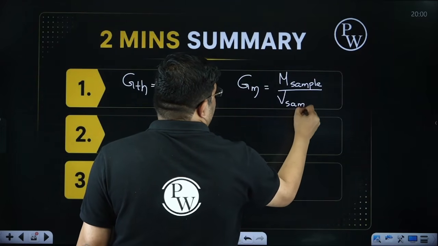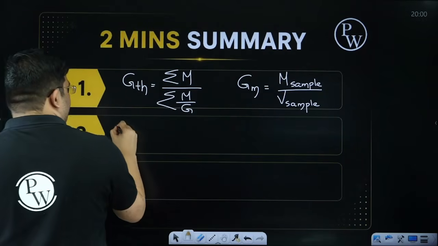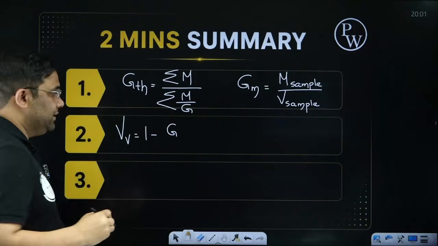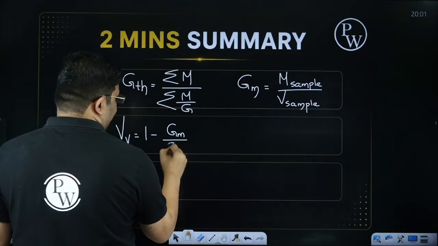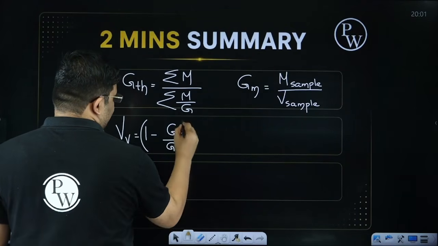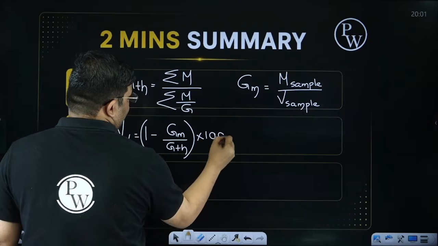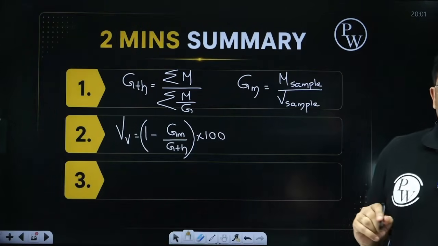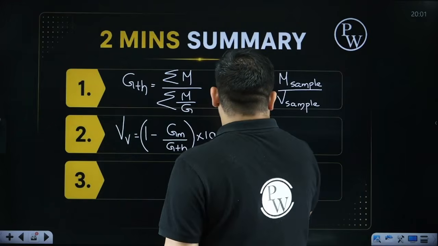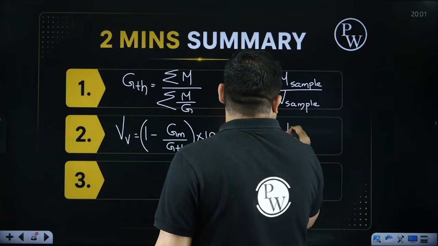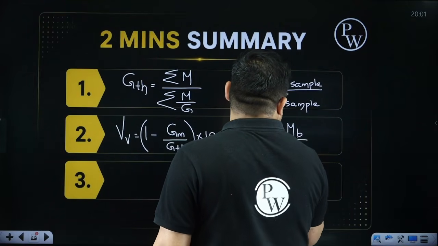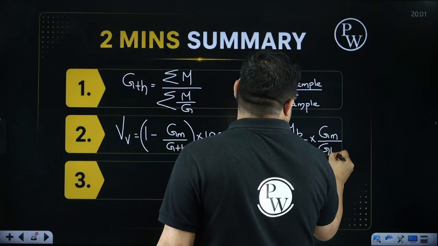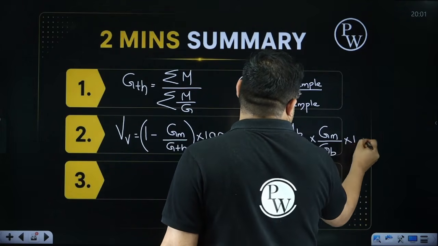Then we got the percentage air voids. It is 1 minus Gm by Gth into 100, right? Then the percentage bitumen is the mass of bitumen by total mass, times specific gravity of mix by specific gravity of bitumen, into 100.